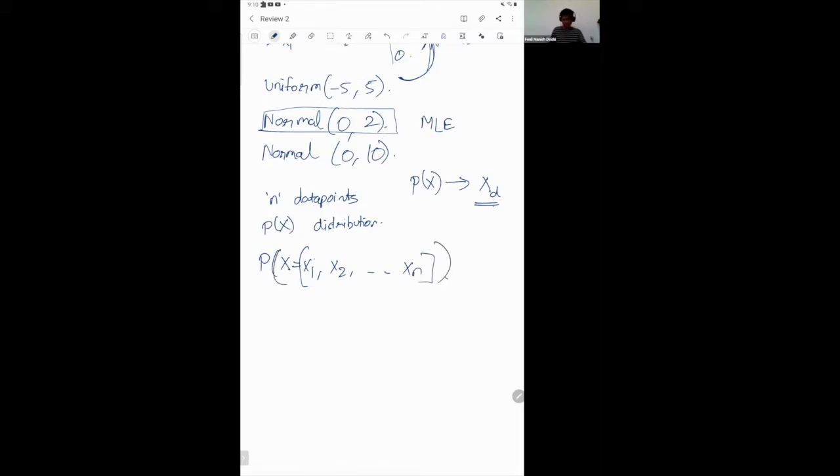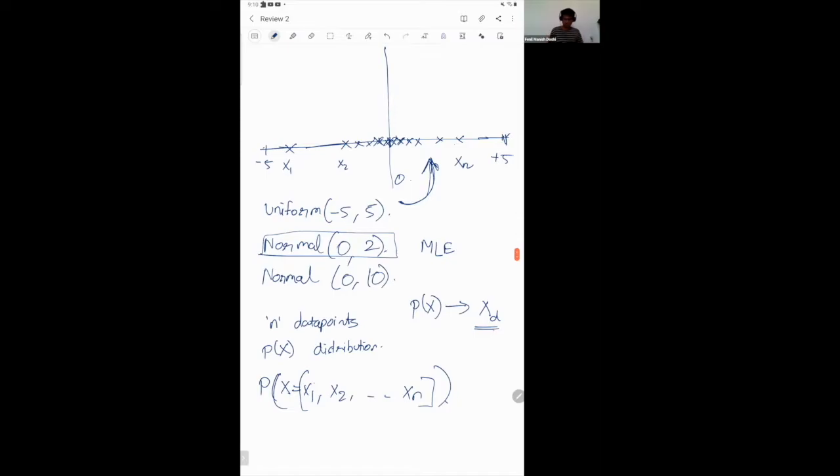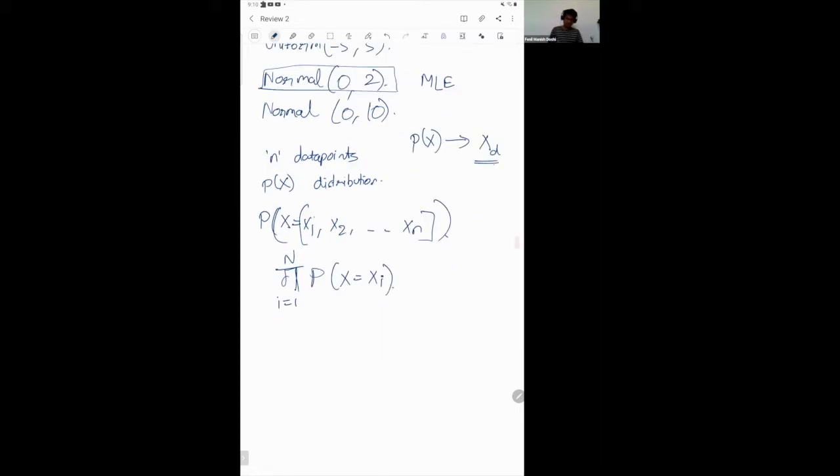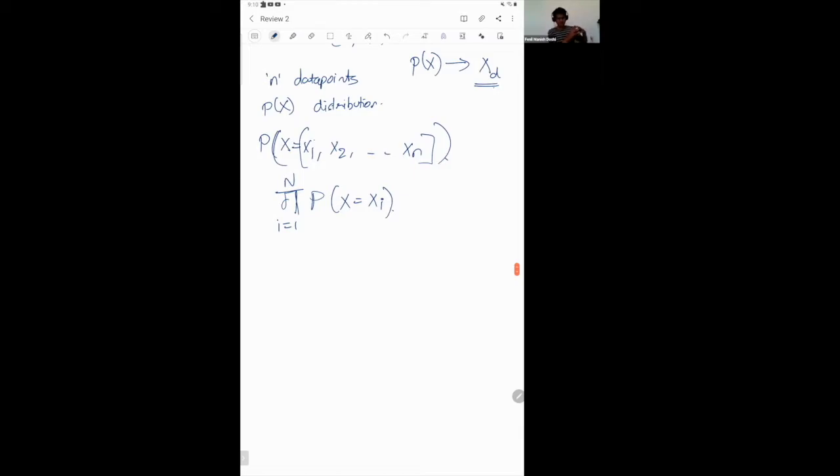As I said, each of these data points is independent of each other. What I want to evaluate is that x gets the value of x1 and x also gets the value of x2 and x also gets the value of up to xn.